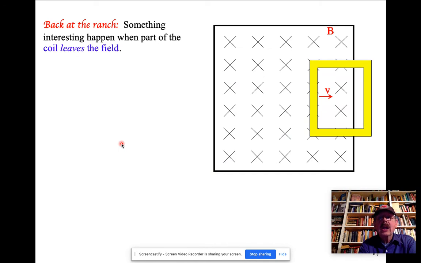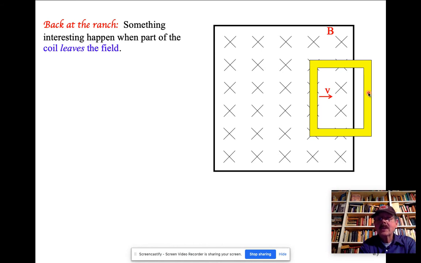So anyway, moving along. The question arises, what's going to end up happening once the coil tries to exit? And what's going to happen is that you're still going to have this EMF, this electromotive force, that's going to be trying to push positive charge in this direction, again, assuming it's positive charge that can move. But because there's no magnetic field out here, that force won't exist.